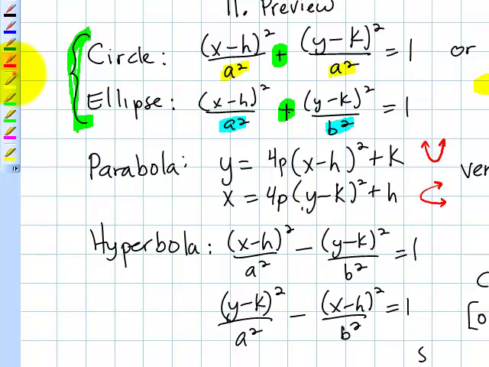You'll notice the h is out here, paired up with the x, or in here paired up with the x, and the k is paired up with the y, k and y, or k and y. So the vertex is always at h comma k, and we haven't talked about what this 4p would mean out here. In our adventures with parabolas, we haven't done that yet, but we will come back to that, so don't worry about that.